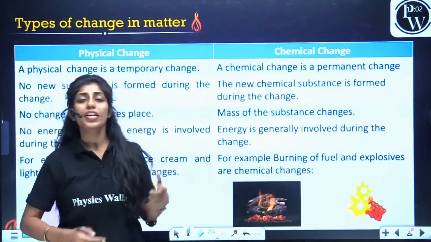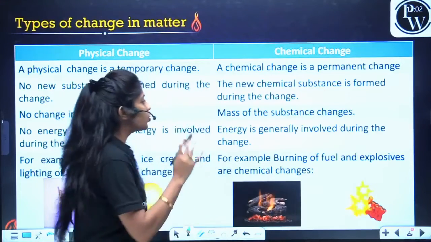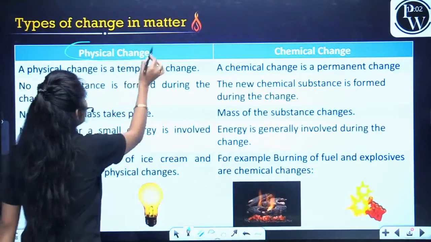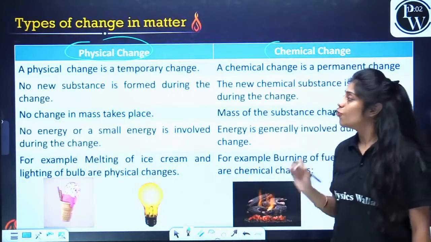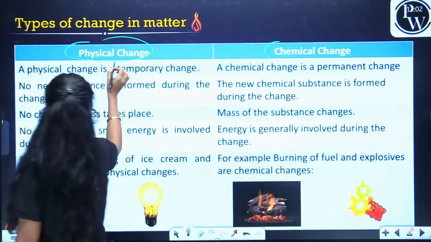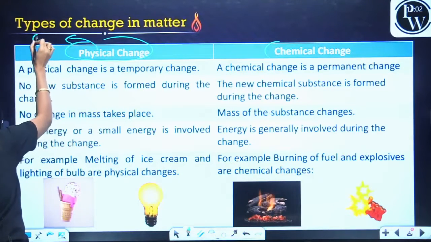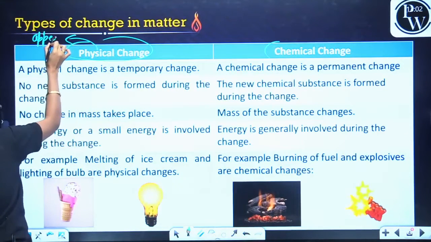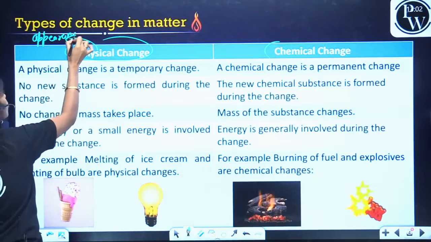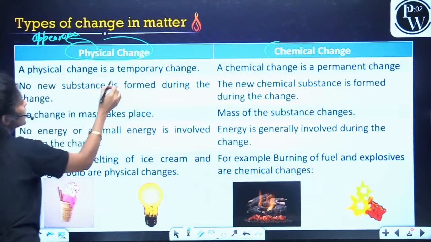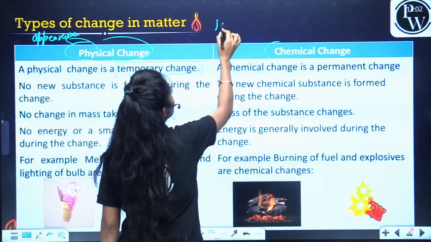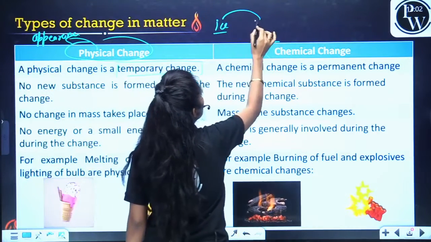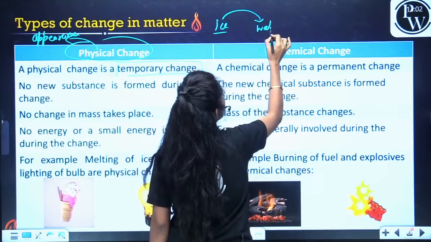So before getting into the chemical reaction, we should understand the physical and the chemical change, and their differences should be clear. So very first, the physical change. Physical means according to the appearance. A physical change is a temporary change. Suppose you have ice, it melts and forms water.